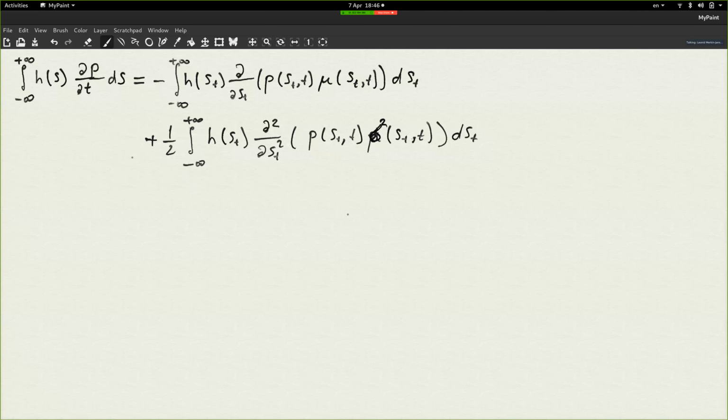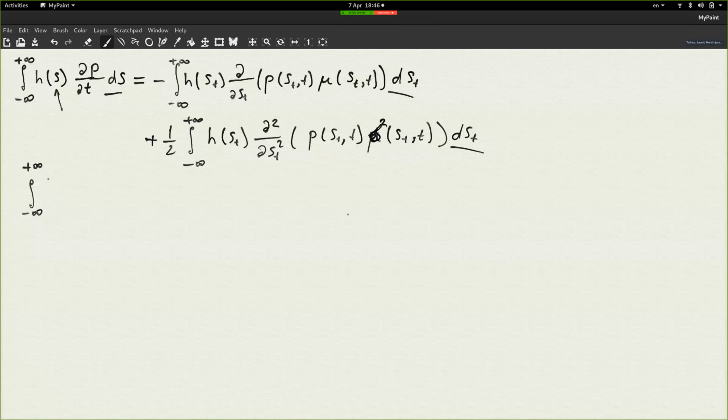Now, you see that ds or d s_t is just a dummy integration variable, which we can denote by any letter, be it s or s_t, it doesn't matter. So now, moving all terms into the left-hand side, we get the integral from minus infinity to plus infinity. Let's say we'll denote it by s rather than s_t. Absolutely doesn't matter.